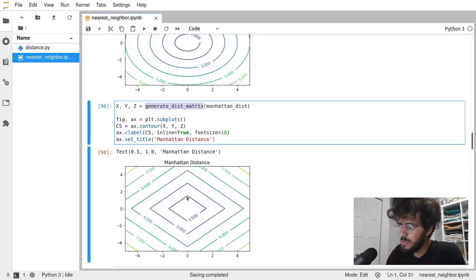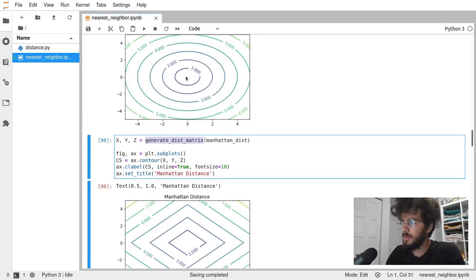But what is interesting, if you take this point, let's say 0.75, minus 0.75, it will still take 1.5 because you're going to do 0.75 in one direction and then 0.75 in another direction, which will sum up to 1.5. While in the Euclidean distance, you can just cut straight through.